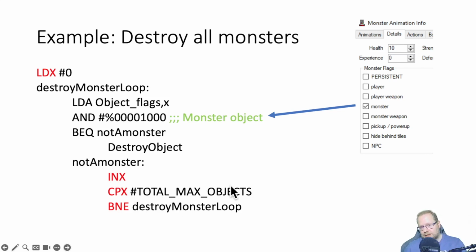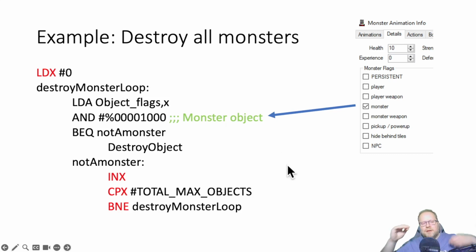And by the way, as you can see, the way it's written here, this is a constant. Branch if not equal. If we haven't reached this yet, which we haven't, we just went up from 0 to 1, and this is 13. Branch if not equal, destroy monster loop. So we go up here again. And we do the same thing again.